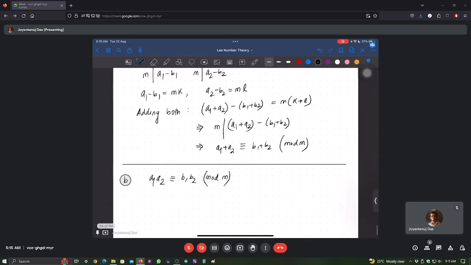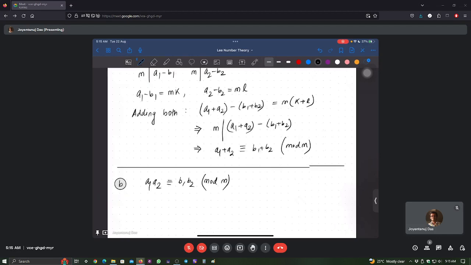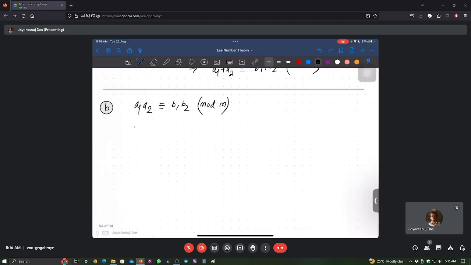Instead of adding, we can multiply both. First, A1 will be equal to Mk plus B1, and then A2 will be equal to Ml plus B2. Then multiply, you're saying. Yes.